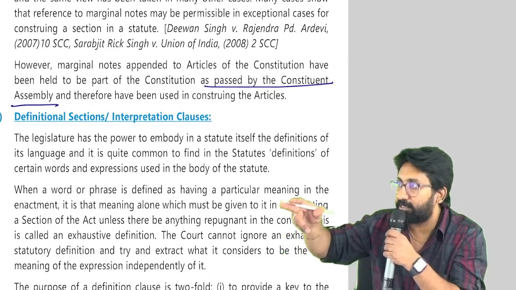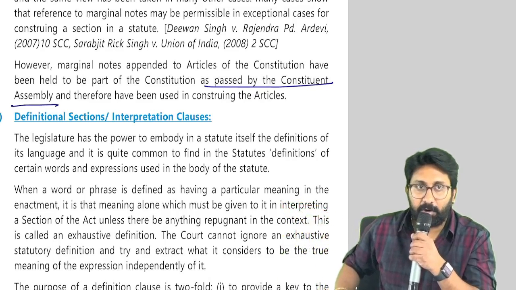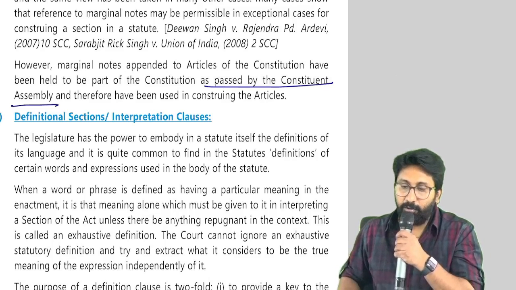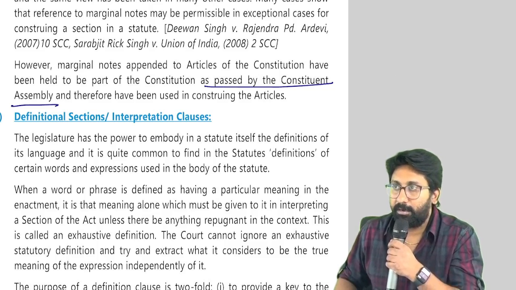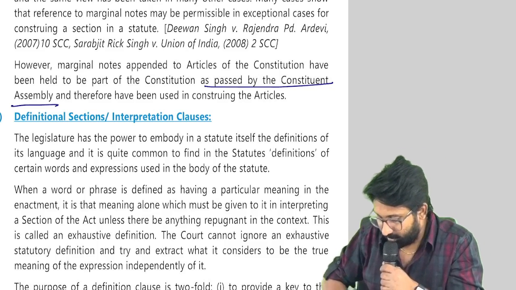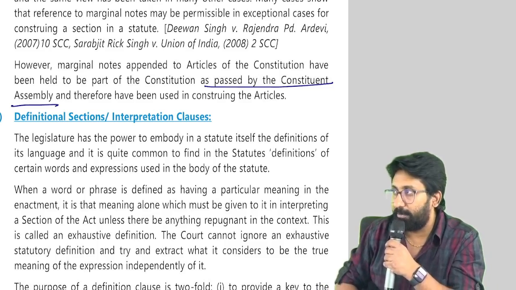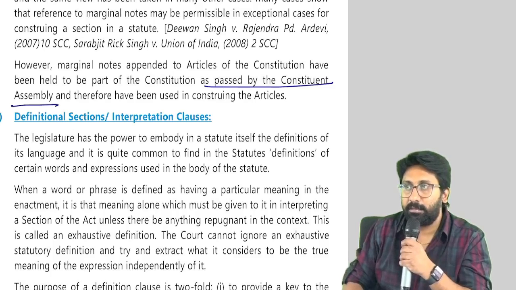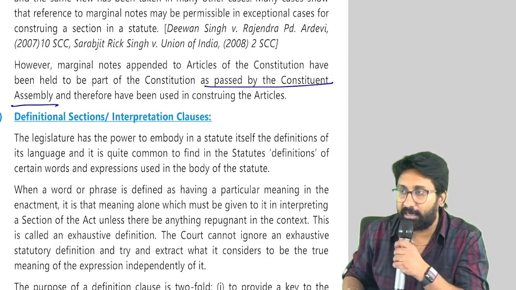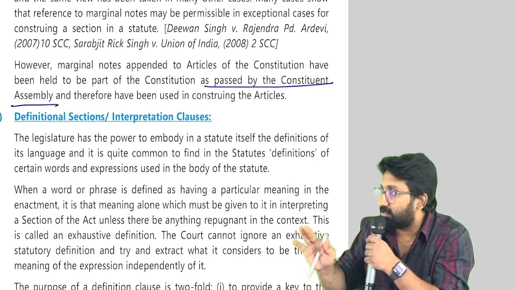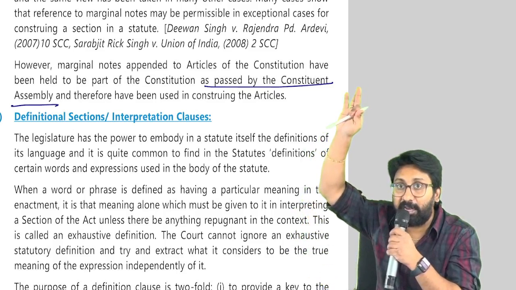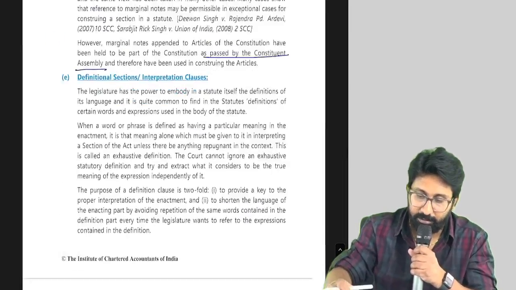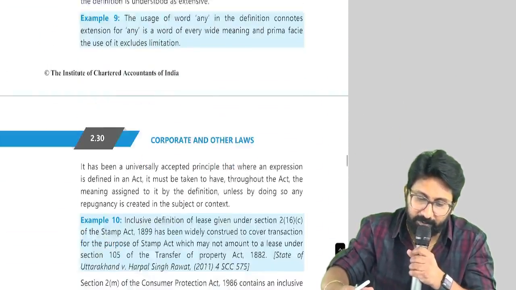I told you in the morning when I started. As passed by the Constituent Assembly, they can be used in interpreting the articles. But articles here does not mean articles of association. Constitutional article numbers will be there, that article. Don't get confused. Understood the point or not, everyone?